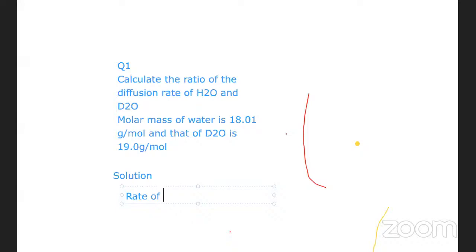You have to know the one that is heavier. Which of the molecule is heavier?